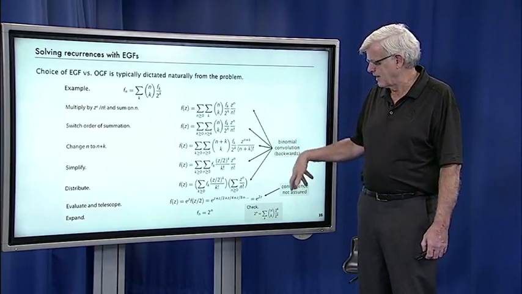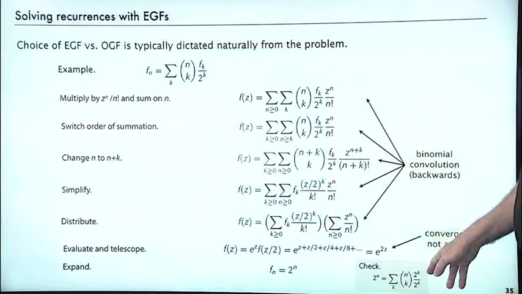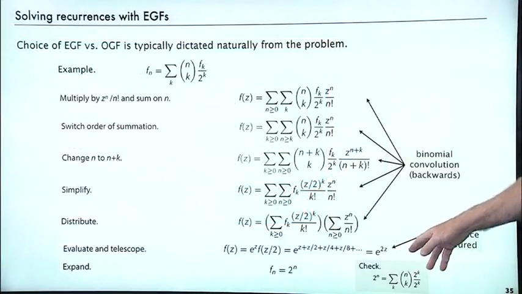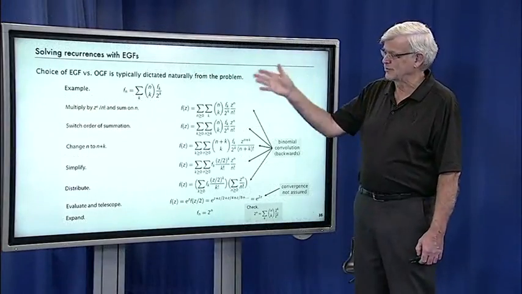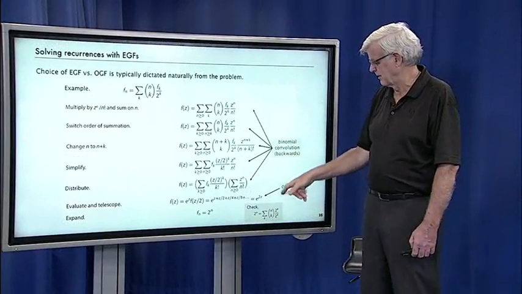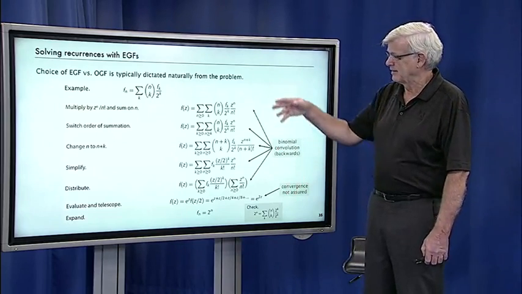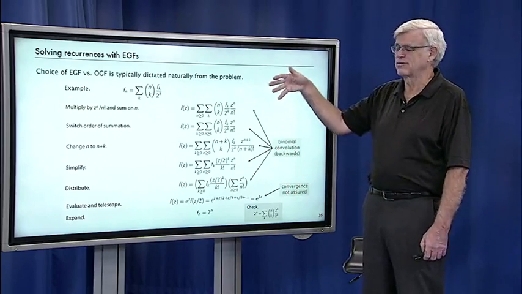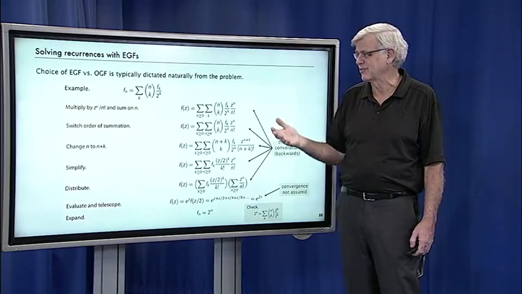In this case, whether or not the generating function converges, we've got an answer that we can check. 2 to the n definitely equals the sum on k of n choose k, 2 to the k over 2 to the k. That's the binomial theorem. So it looks like a difficult recurrence, but actually has an easy solution with exponential generating functions. And it works for similar functions too, and that's what happens in the practical applications.